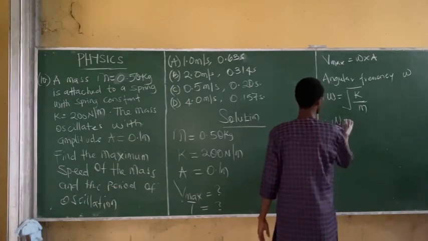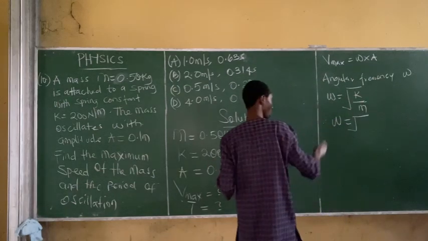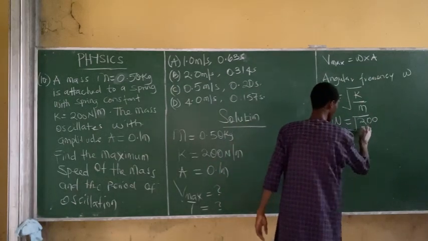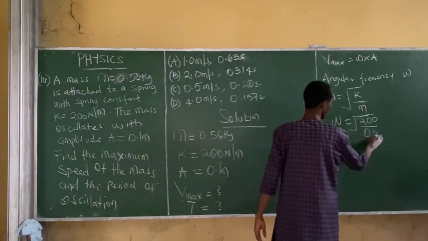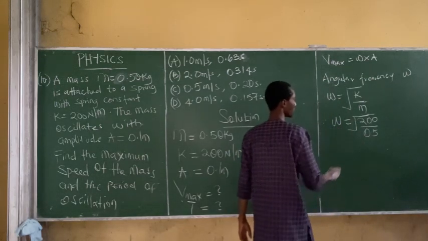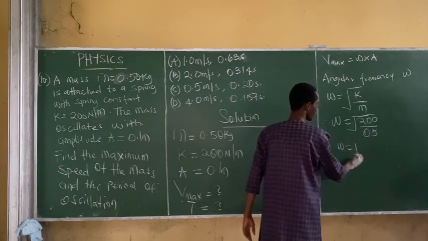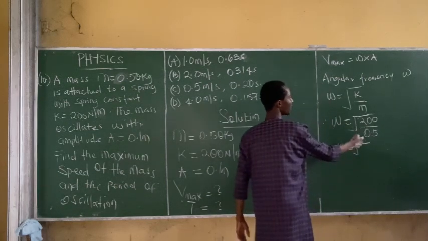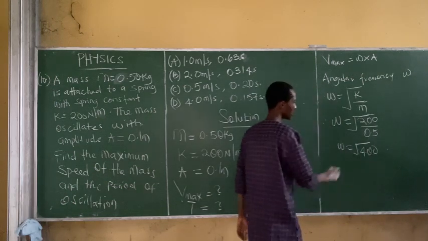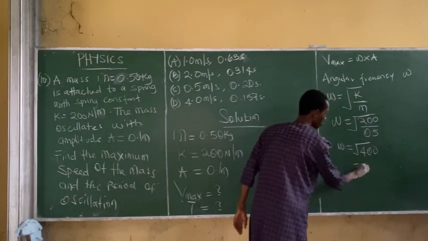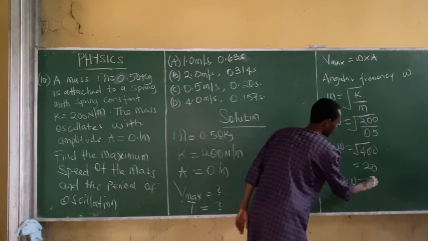From the question, we have that k, the spring constant, is 200 divided by the mass, which is 0.5. Omega is equal to square root of 200 divided by 0.5, which gives us 400. Square root of 400 gives us 20. Therefore, the angular frequency is equal to 20.